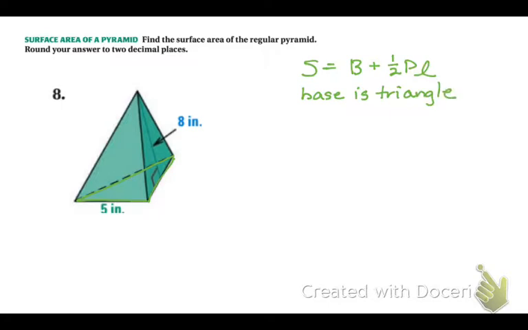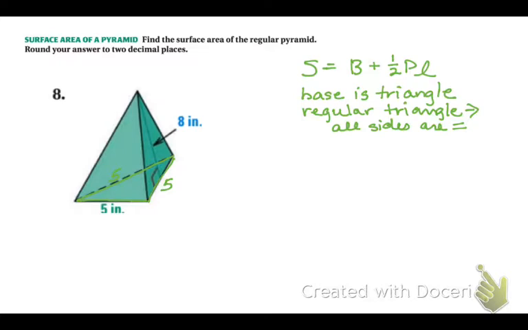What is the base? The most important thing. Since it is a regular triangle, all sides are equal. So this is equal to 5, and this side over here, that length is equal to 5. Okay, so let's start working on our equation.